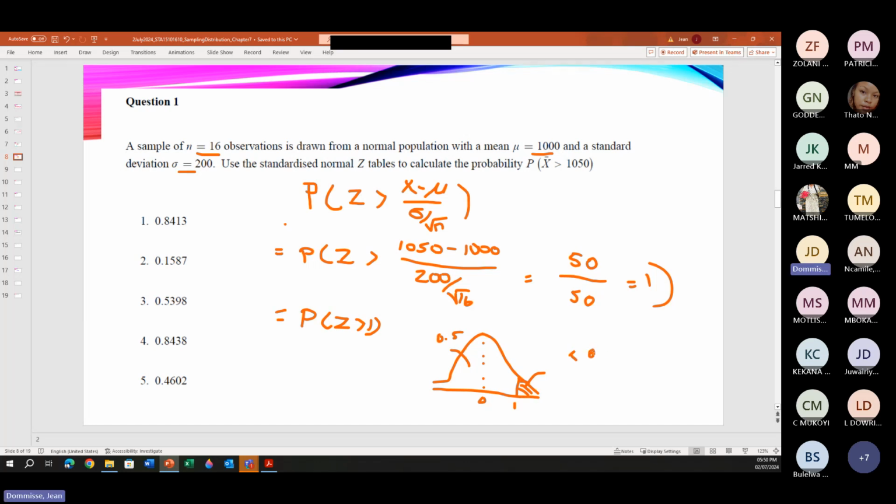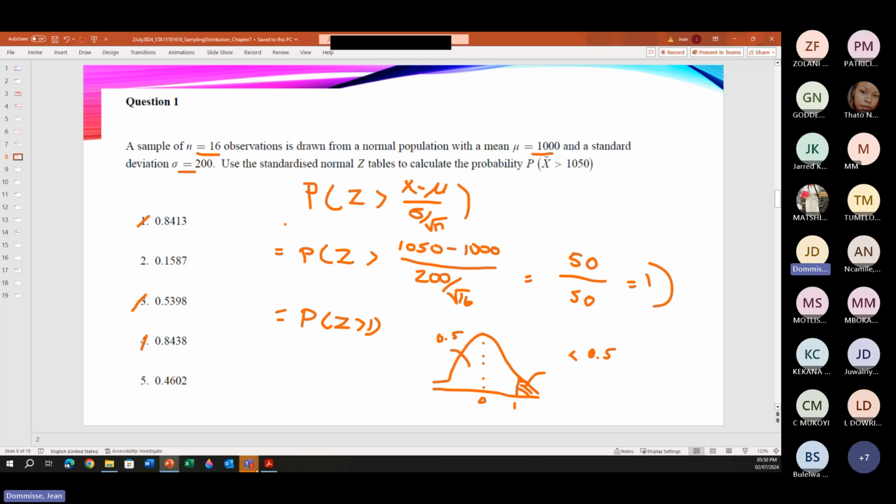I don't know the answer yet, but it's going to be less than 0.5. So if I want to eliminate answers, it's not that, not that, not that. Just by getting to the Z and looking at the diagram, we have eliminated three of the options already.